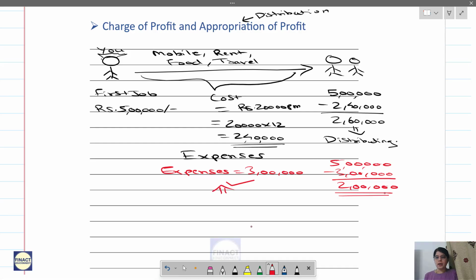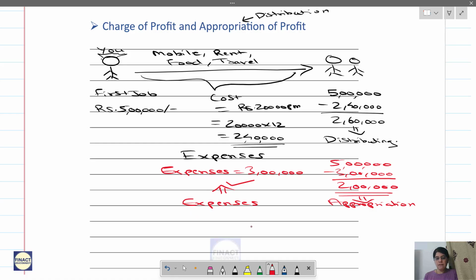But when it comes to distributing your excess income to family, it will depend on whatever amount is left over here. So these are your expenses, and this is your distribution of income.